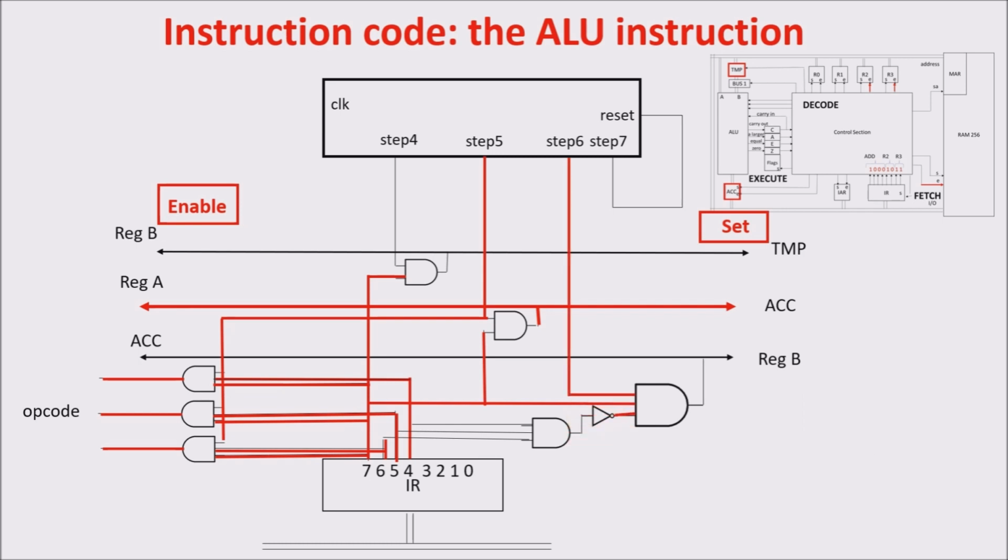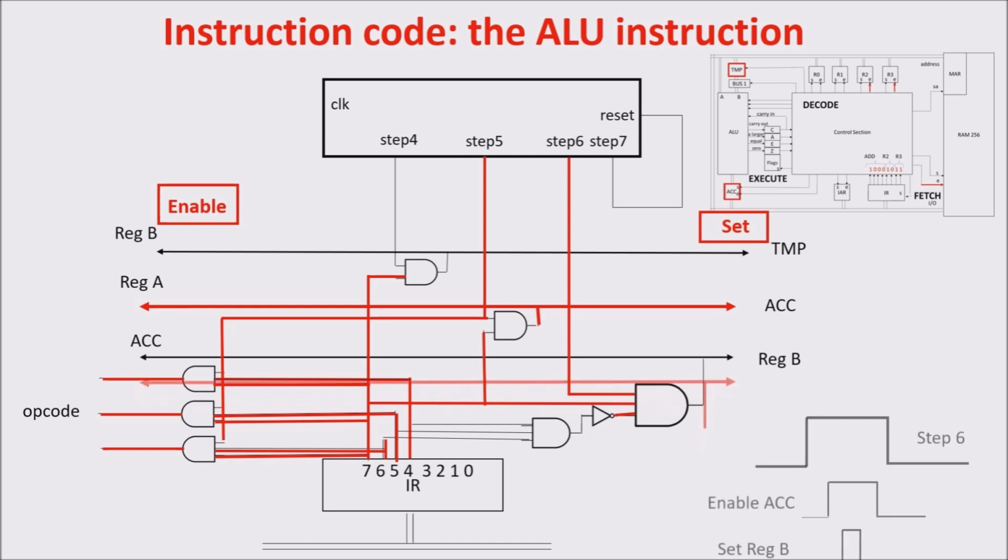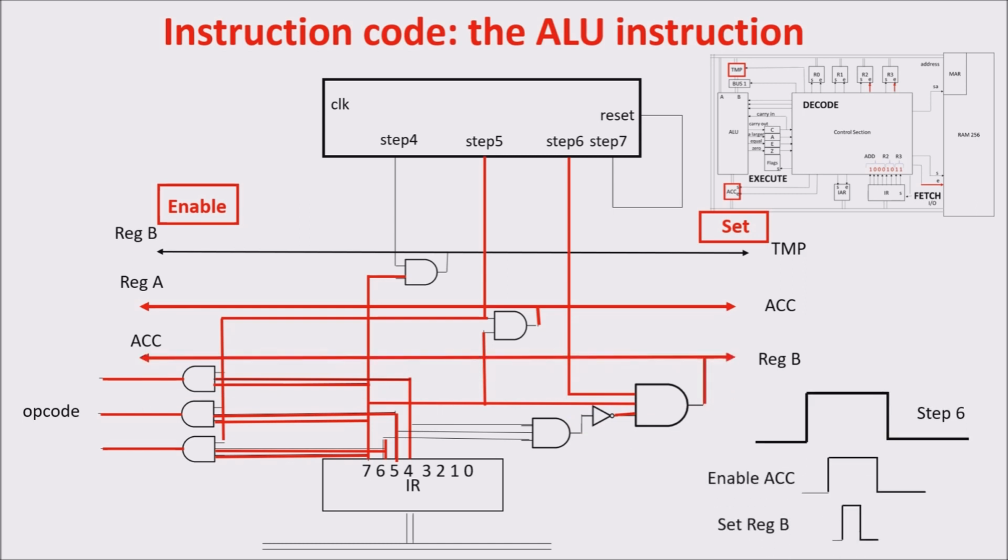When step 6 arrives, we give an enable pulse to the accumulator register and a set pulse to reg B in order to store the result of the ALU operation in reg B.